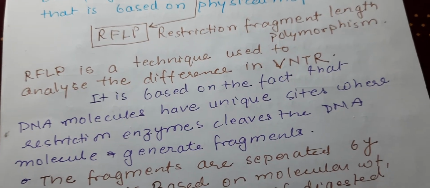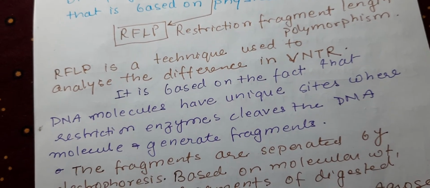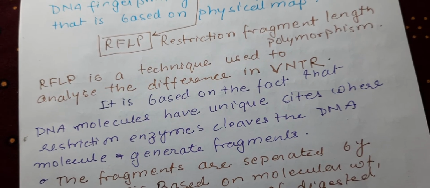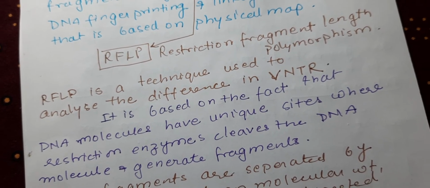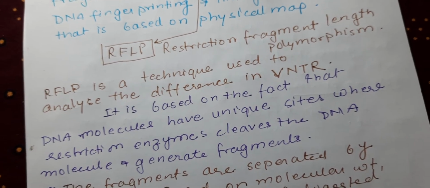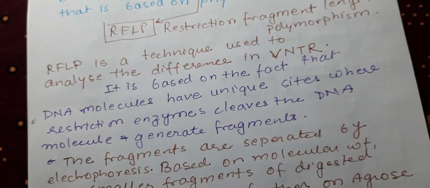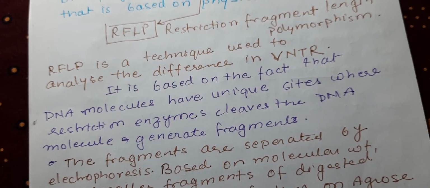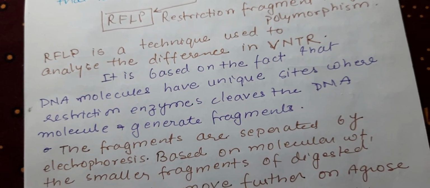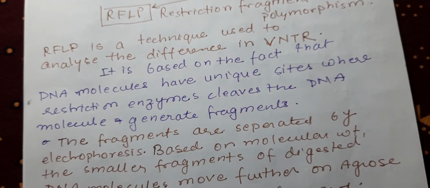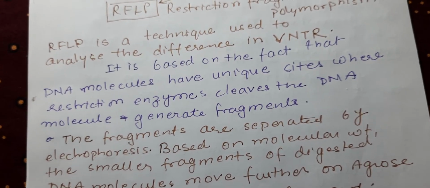Okay, so variable number of tandem repeats are there, and how you will identify that these are present in different individual, what is the pattern, so that is done by RFLP. So RFLP is used as technique, okay, to analyze the difference in VNTR in different individual, and it is based on the fact that DNA molecule have unique site where restriction enzyme cleaves the DNA molecule and generate the fragment.